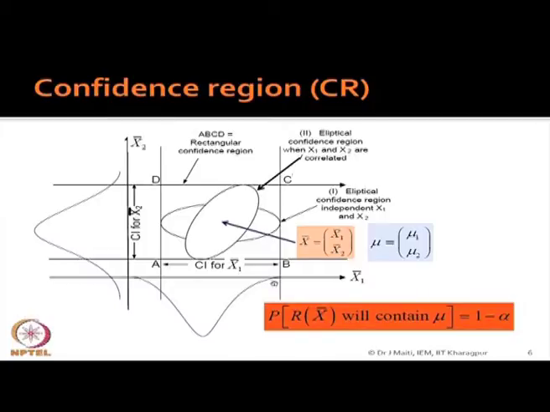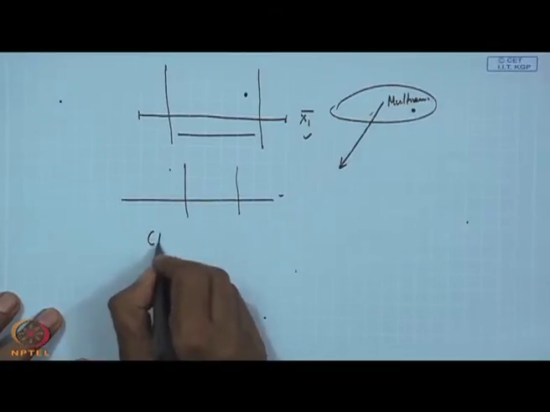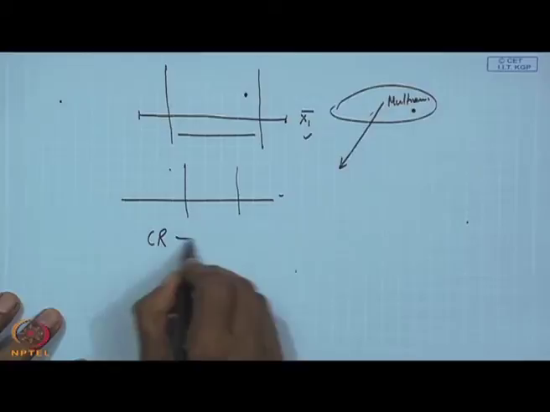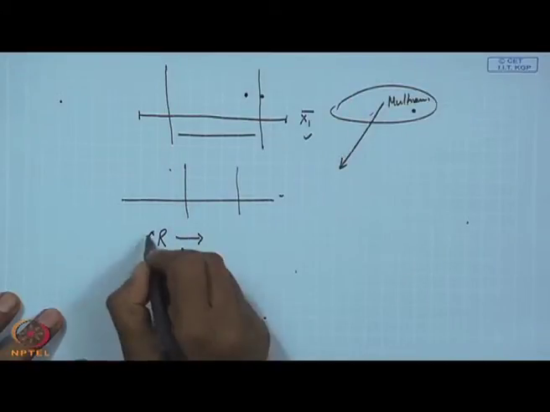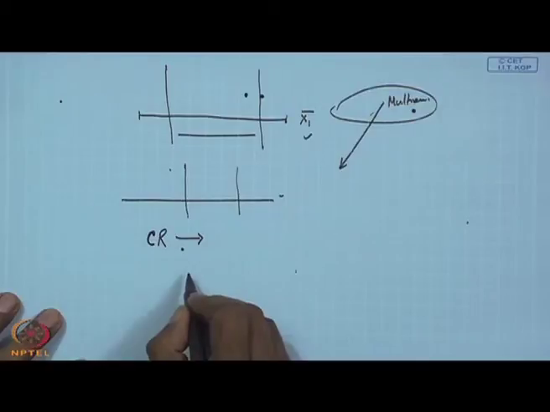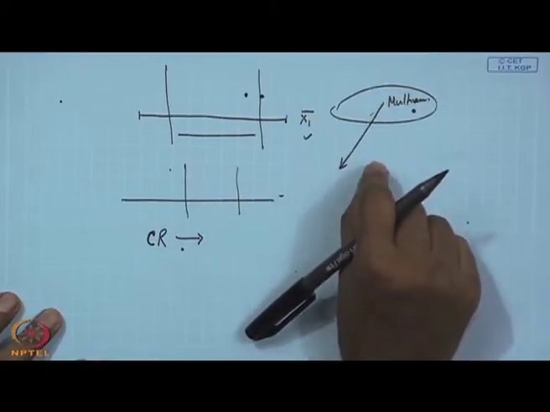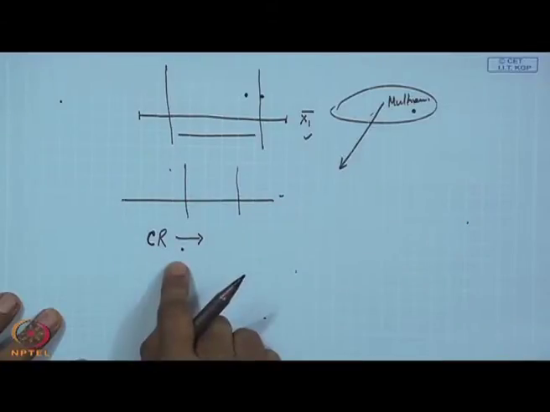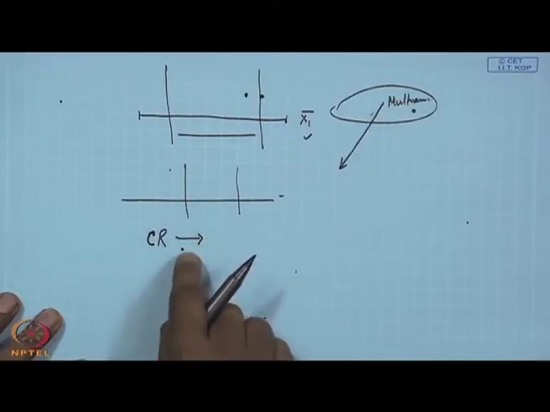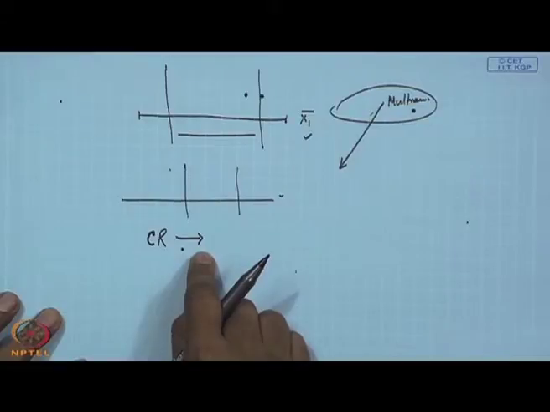What I am trying to say here now? I am telling you that yes, confidence region is the first step, you have to develop it. If you do not develop it, your inference will be faulty. Now, once you have a confidence region, suppose one observation is out of control or an outlier, then what is required to be known is which variable is responsible for this.